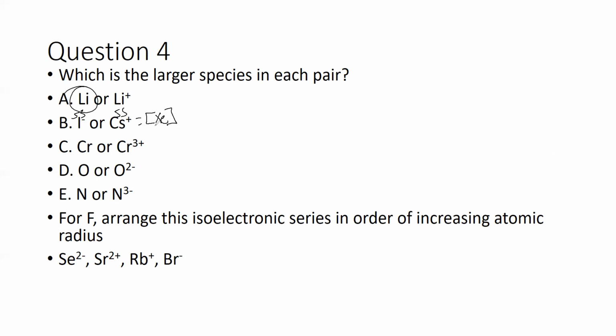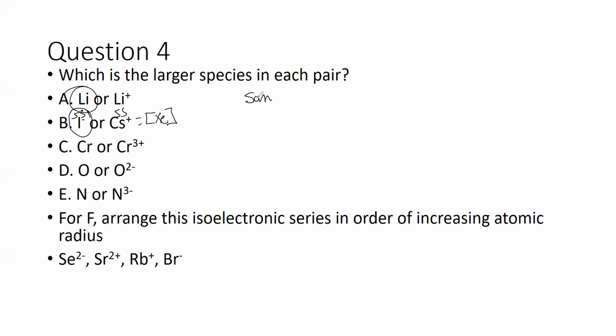You can confirm this by doing what we did previously today, figuring out the new electron configuration of atoms when they're ions. But they both are xenon. The difference is that iodine is negative and Cs is positive. So the rule is, if you have the same electron configuration, the more negative you are, the bigger you are.